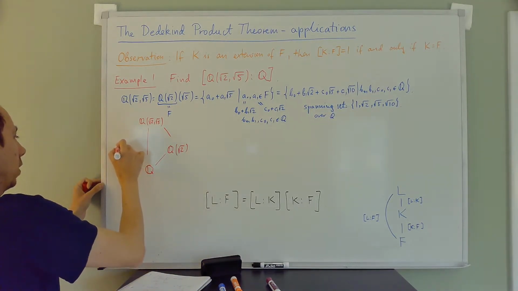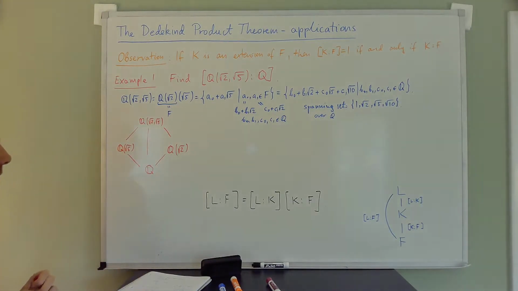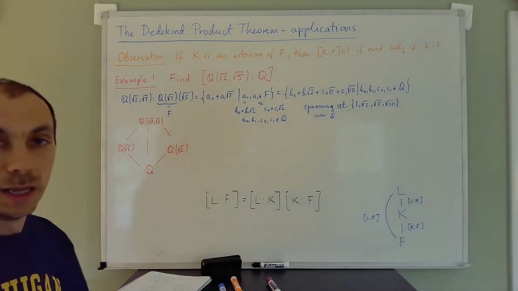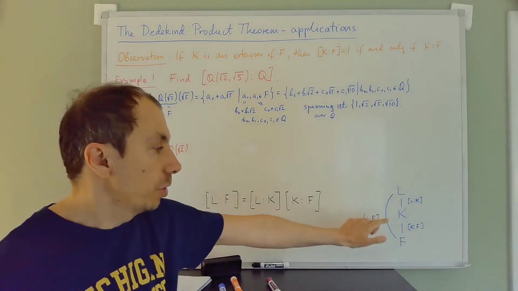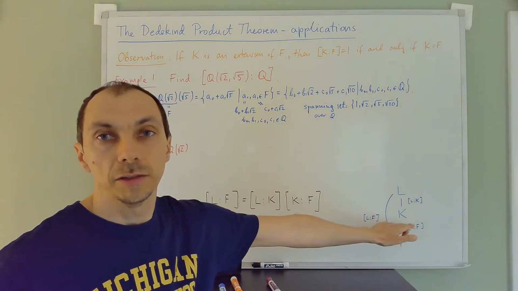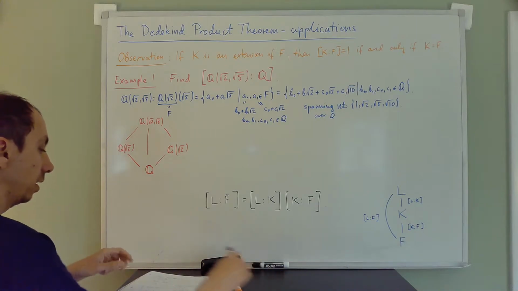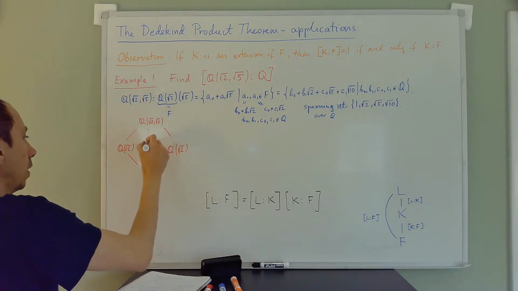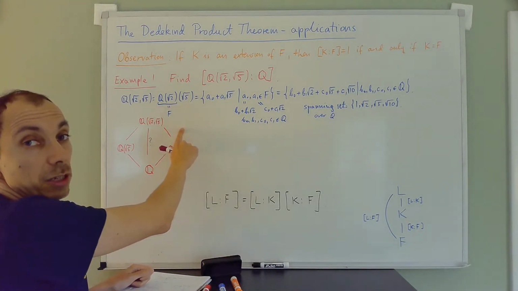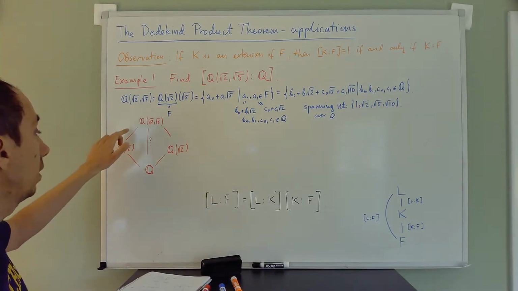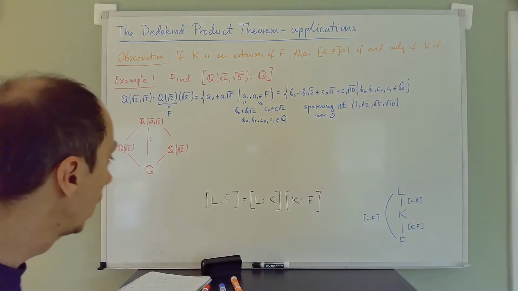If I wish, I could go another way and first do Q(radical 5) over here. By the Dedekind product theorem, this degree is equal to that degree times that degree. This is the one I'm looking for, the question mark here. If I can find this degree and that degree, or this degree and that degree, then if I just multiply them together, I get the question mark.